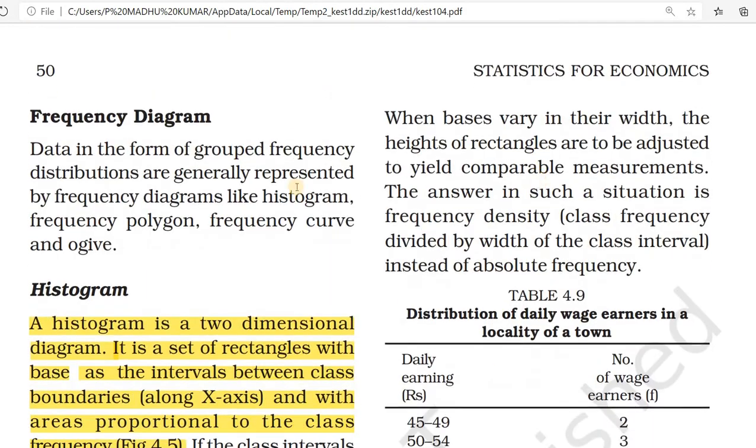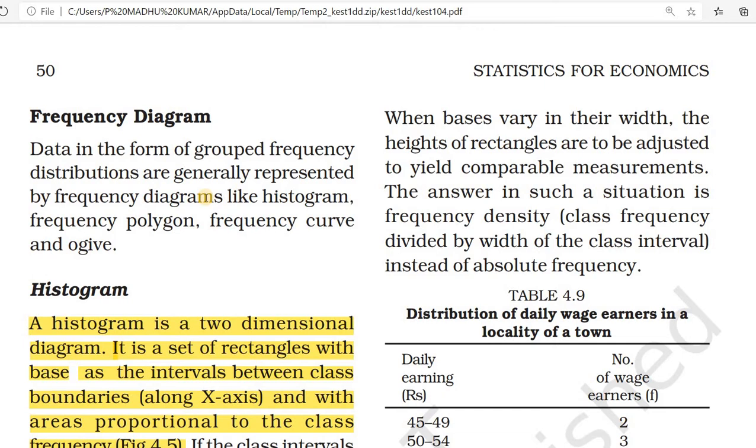Actually, before that, frequency diagram. What is a frequency diagram? Data in the form of grouped frequency distribution are generally represented by frequency diagrams like histogram, frequency polygon, frequency curve and OGIVES.